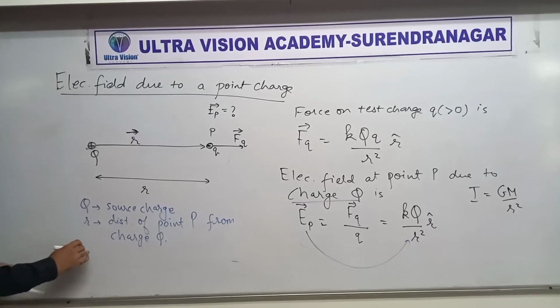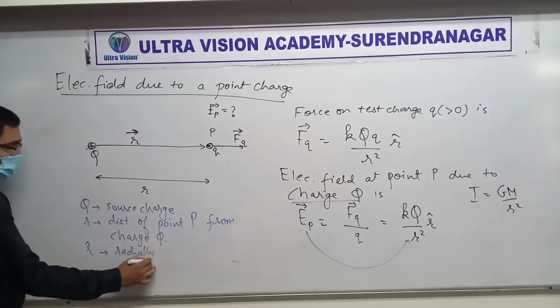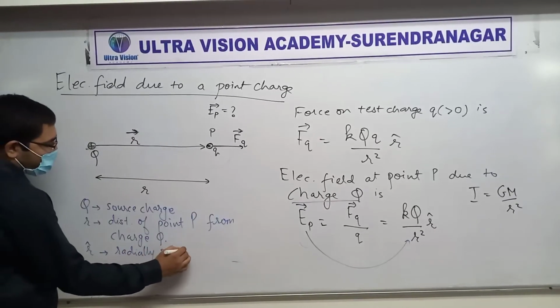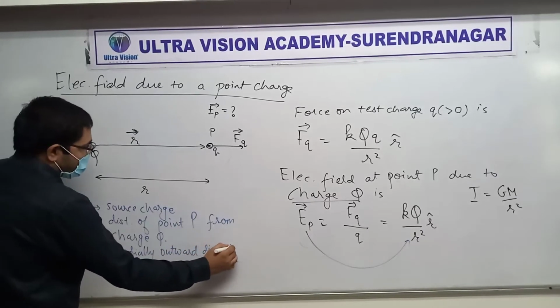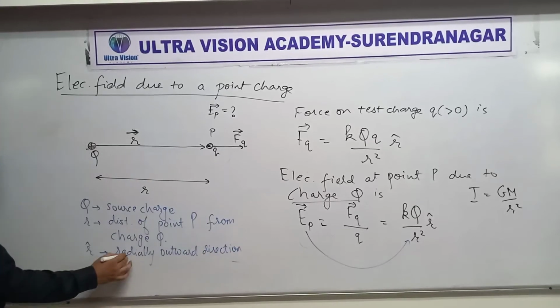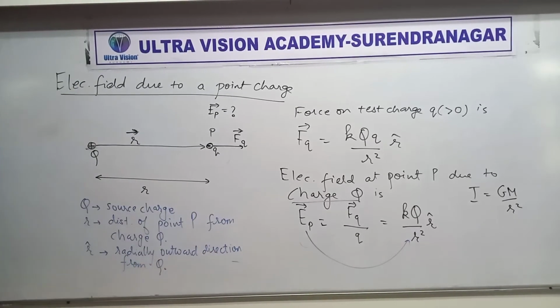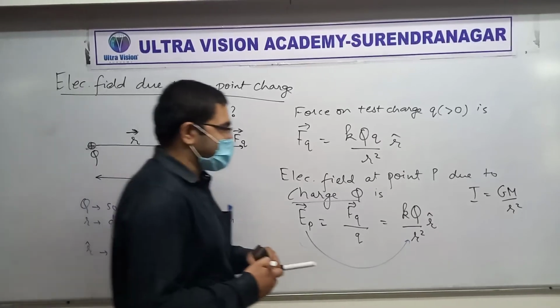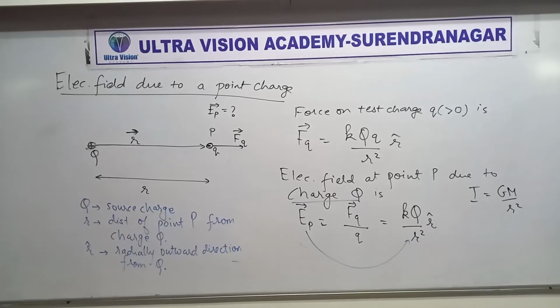If you want, you can just indicate what is r hat. r hat stands for the unit vector in radially outward direction from Q.